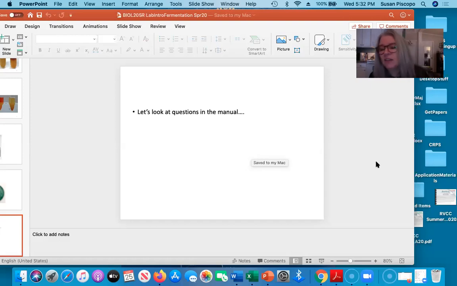Oh, sorry, I have another question from Hannah, who says, what do we put for our control boxes? At the top of page 122, in the data tables for MRVP and for citrate, it lists a control, and it asks for color. What they're asking for here is, what does a negative result look like?